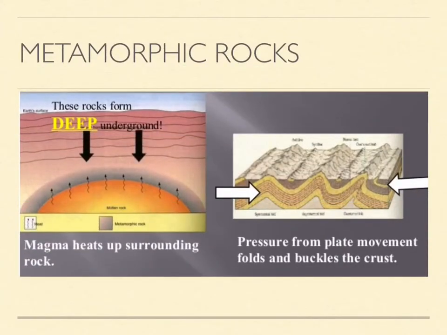Metamorphic rocks are formed when a great deal of heat and pressure act upon either igneous or sedimentary rocks. They are formed deep underground, and when they are forming due to igneous rock formation, usually there is molten rock that bubbles up, and the rock around the molten rock heats up and experiences all of the pressure, and it causes a chemical change in the rock.